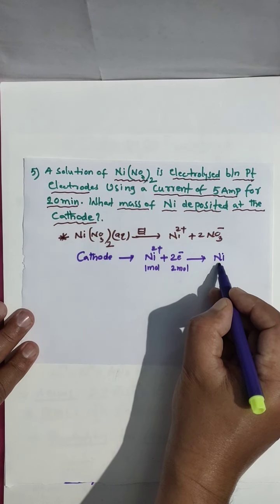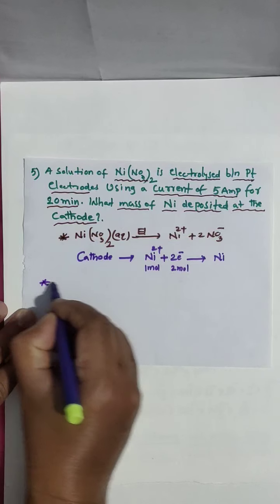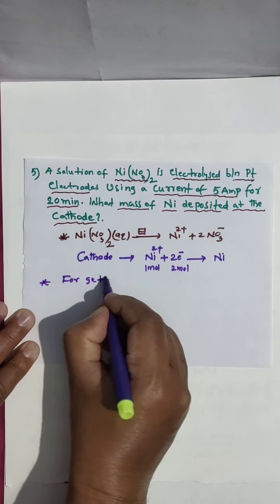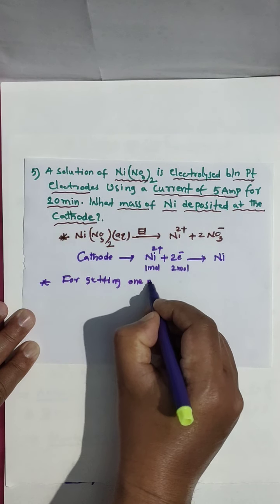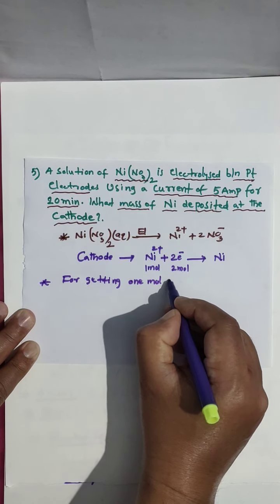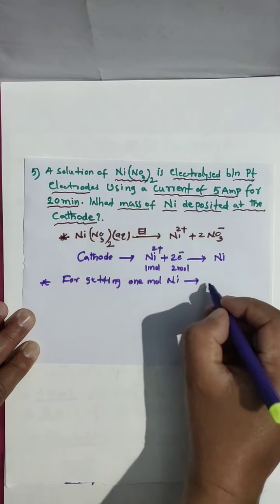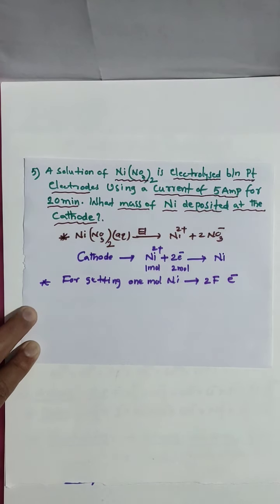To get 1 mole of nickel, we need 2 moles of electrons, that is 2F. Is it clear?